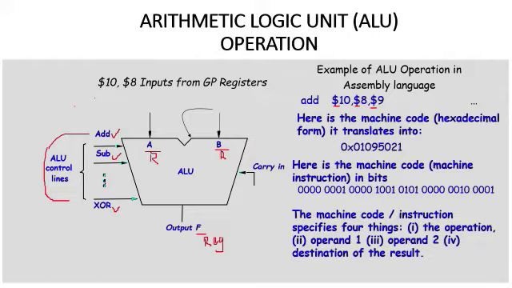So when you execute this line of code, what happens after you have executed it? The machine code translates into, that is, this is converted into machine code. The machine code here is in hexadecimal form.